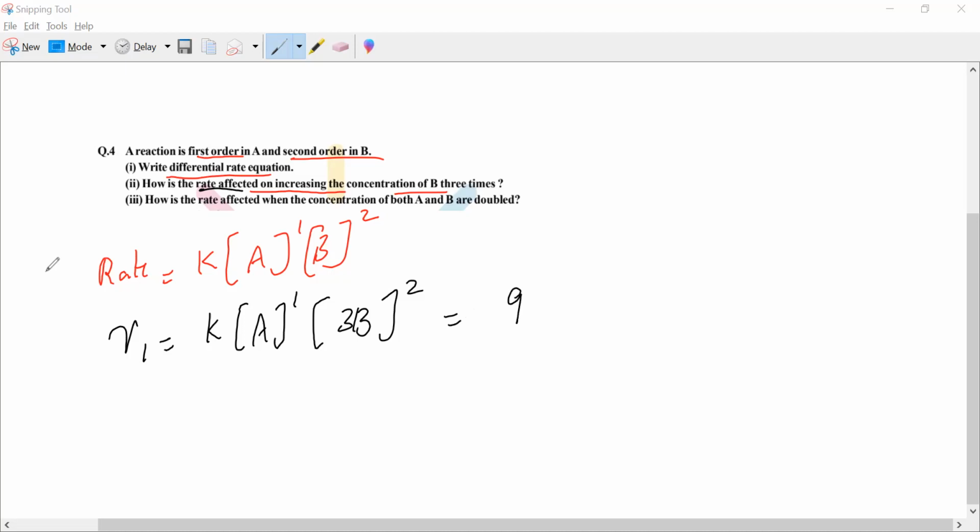And if I take this rate as R0, is this correct? 9 R0. 3 square is 9, rest of the things are same. Is there anyone who did not understand this? It's a direct thing, right? So how is the rate affected? The rate is increased by 9 times.